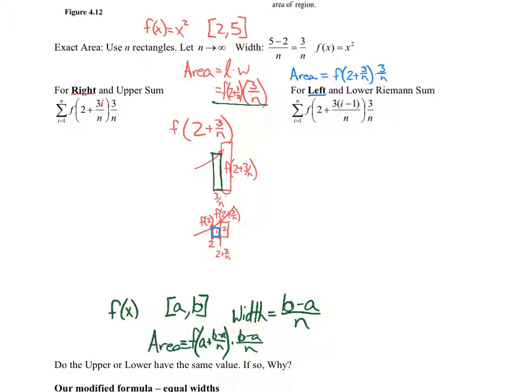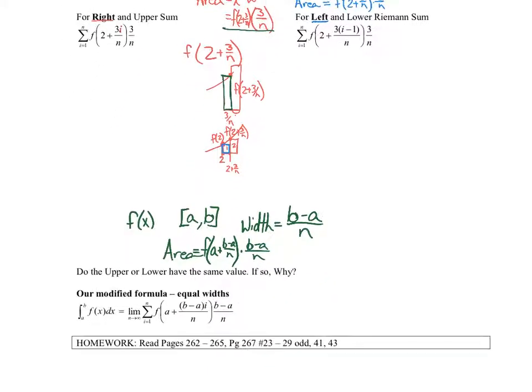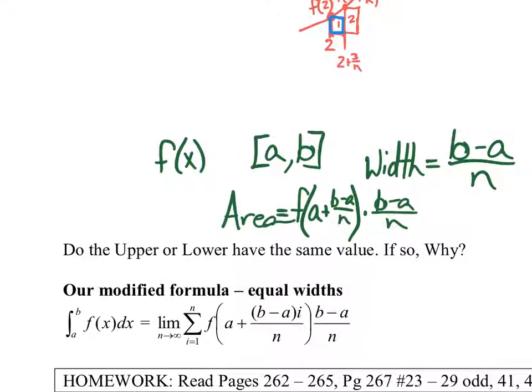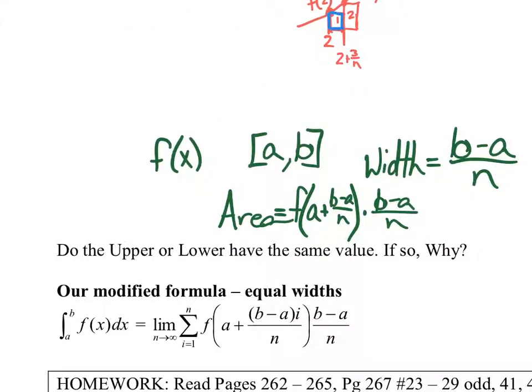Now, putting this together, what are we actually doing? You'll see the notation down here. What we're actually finding here is what's known as the definite integral. You have the elongated s here that we saw with our antiderivative or our integral. The definite integral means we have definite values that we want to integrate from and to.